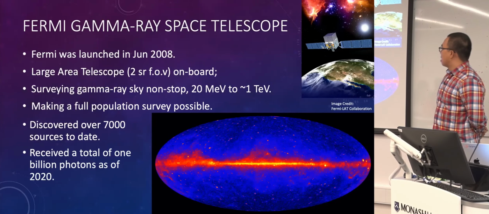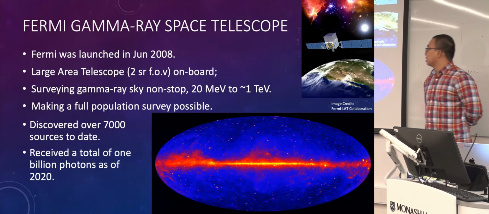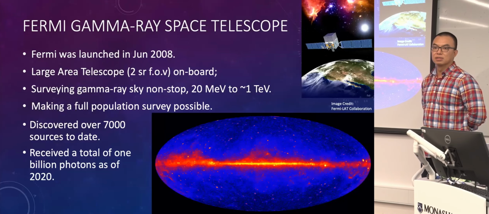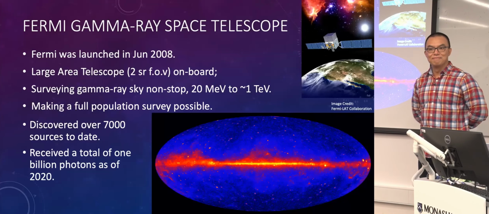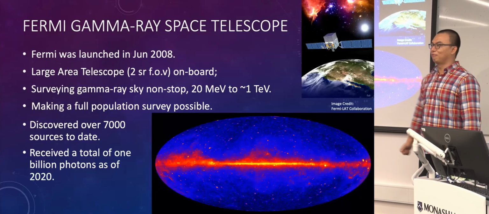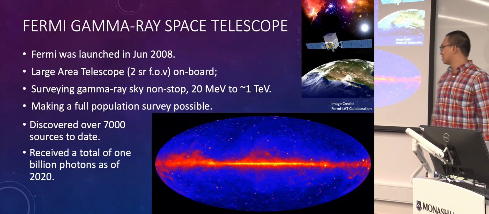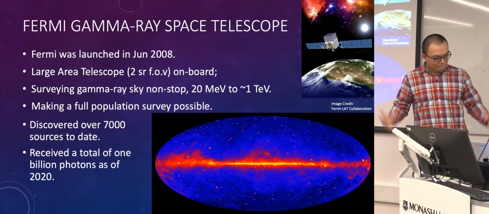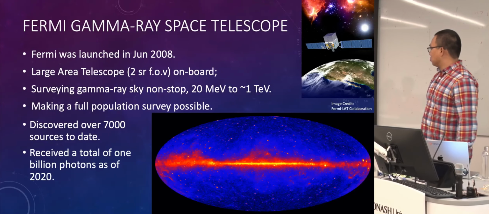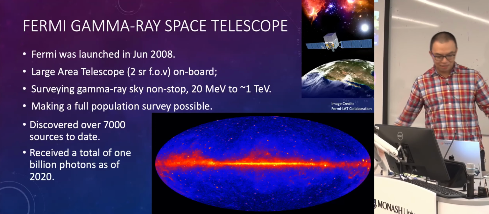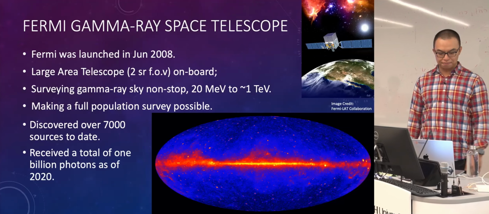Another very important milestone in Fermi history is that it received a total of about 1 billion photons as of 2020. And again, not a large number when you compare to other wavelengths where you get literally buckets of photons wherever you point the sky. But for gamma rays, that's actually a lot. So a lot of our issues are actually small number statistics, which compared to a billion photons is quite a lot.